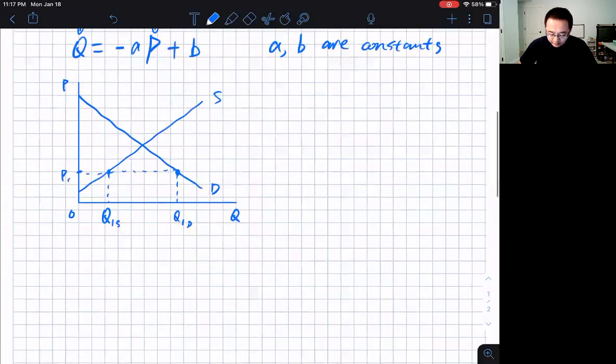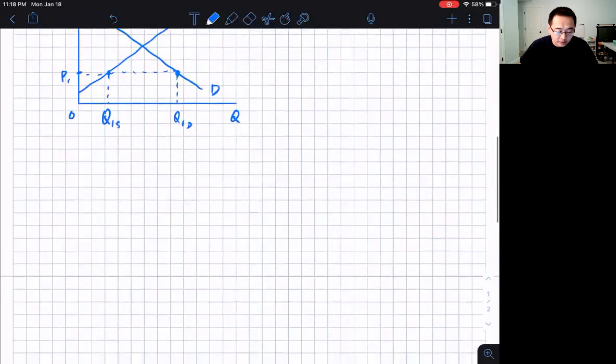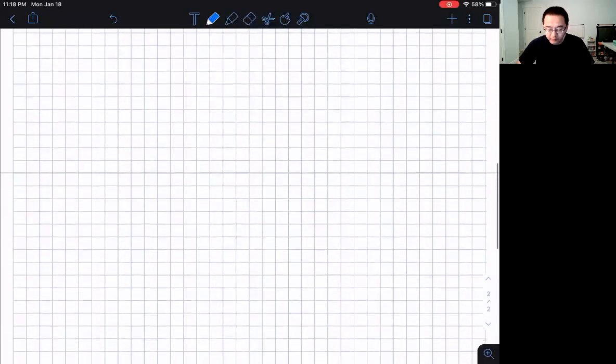Now, another thing that we use a lot, and hopefully you reviewed when you were doing the learn portion of this chapter, is the midpoint method.